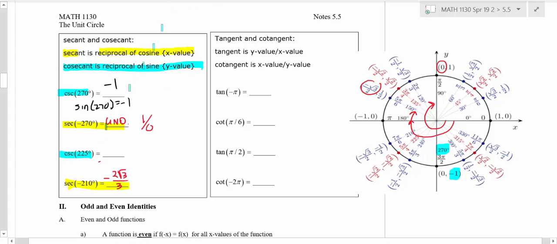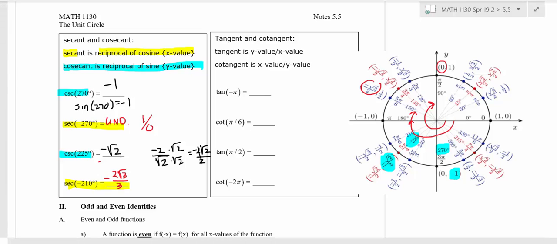And then 225, you want to find 225, which is here. The y value is negative root 2 over 2. So what you'll do here is just do the reciprocal of that to get negative 2 over root 2. And then you want to rationalize the denominator, okay? So what that gives you is negative 2 root 2 over 2. The 2's cross out, so that's negative square root of 2. Okay? So that's it. That's all you do to do a cosecant.